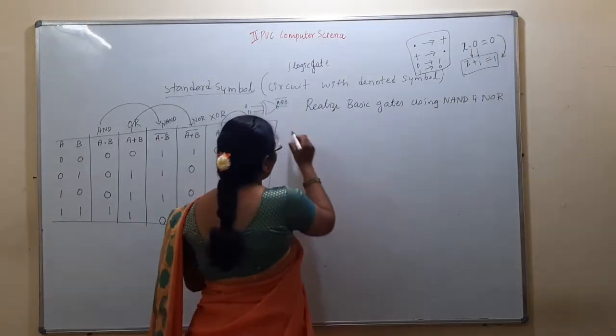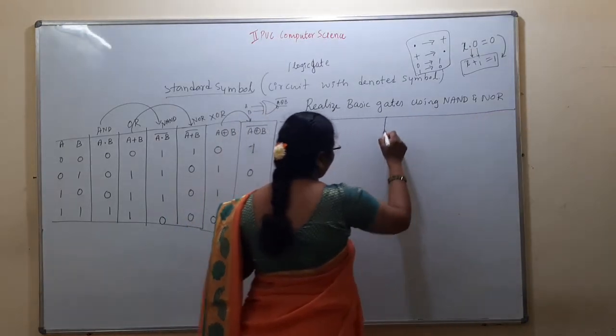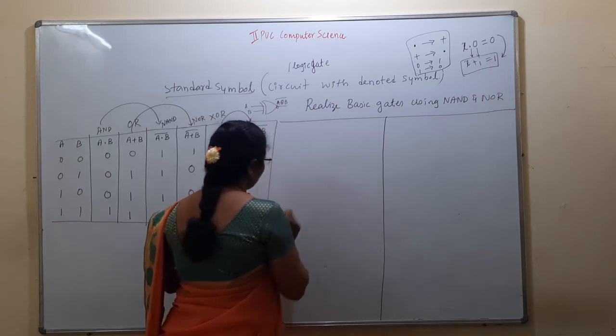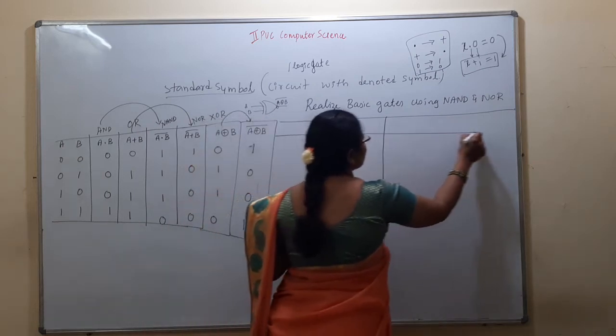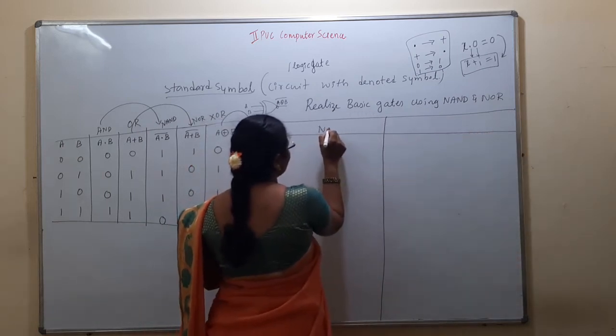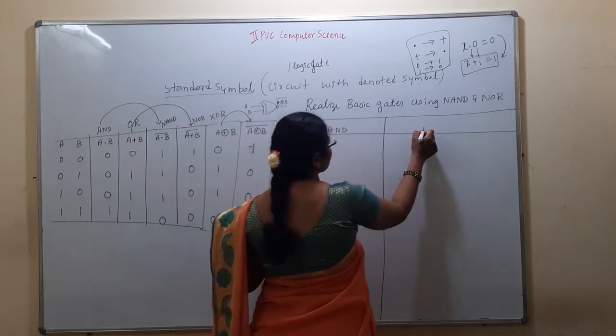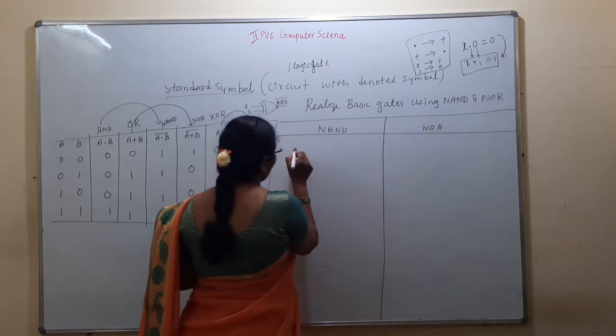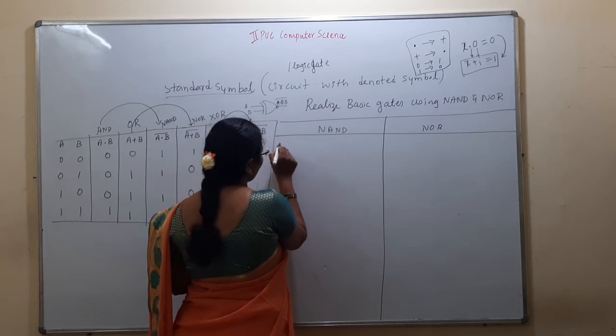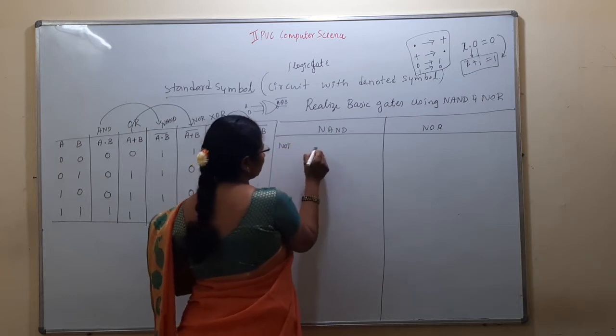Please remember, even if you are not writing the complete in-between answers, writing is very, very important. This is NAND, this is NOR. So for NAND, first I am deriving a NOT for both.